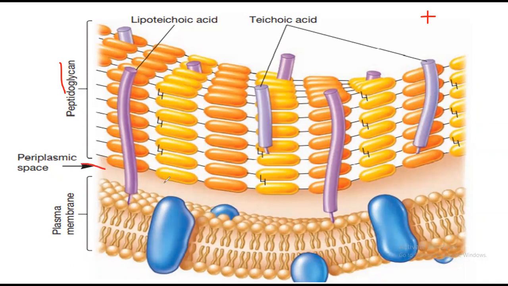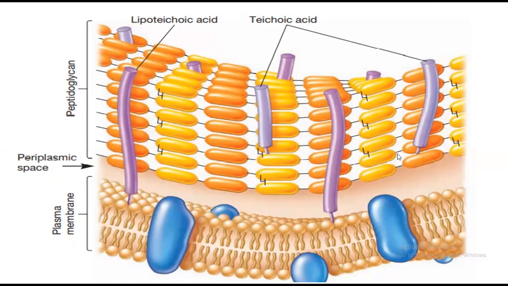So if someone asks you how the peptidoglycan layer is present in gram-positive bacteria, your answer will be that the outermost layer is the peptidoglycan layer, and it is very thick, about 50 sheets. After that there is a periplasmic space, and then a plasma membrane. This is the cell wall structure of gram-positive bacteria.